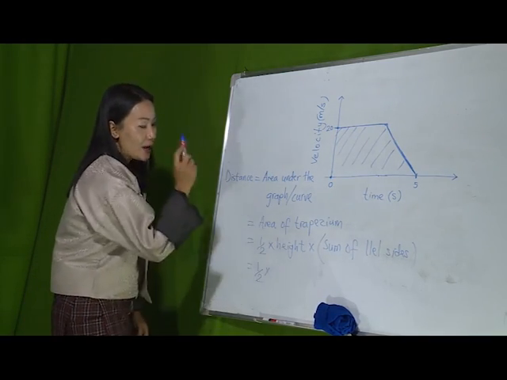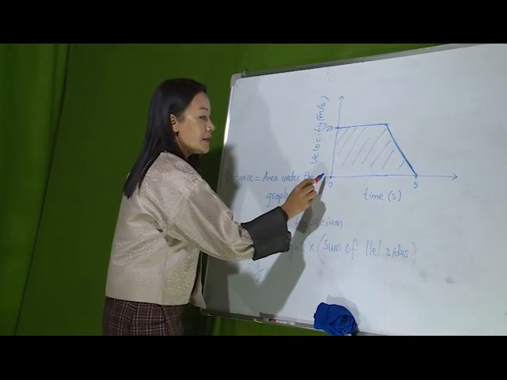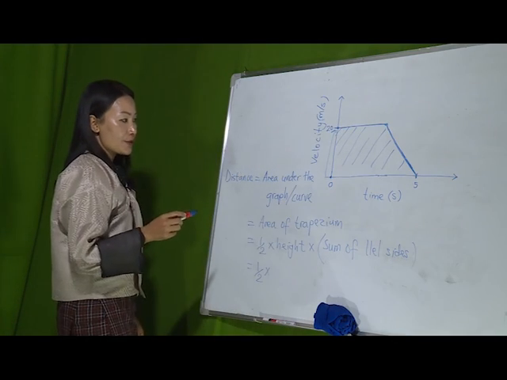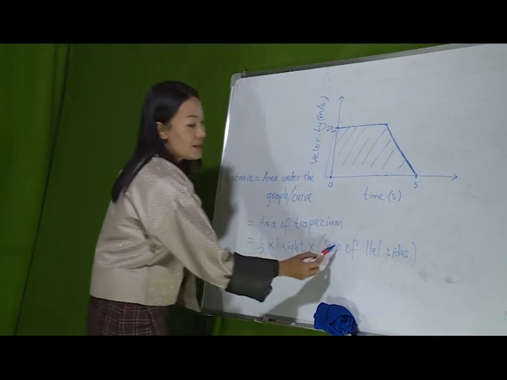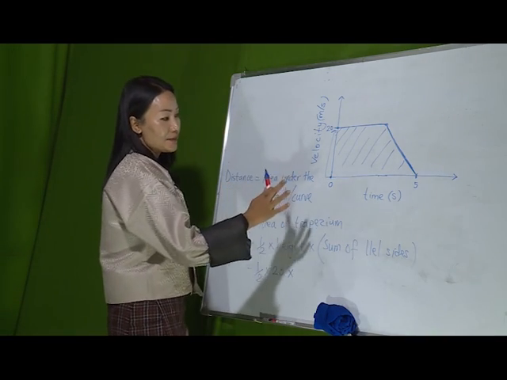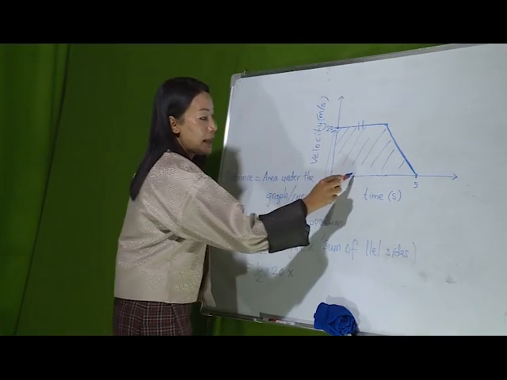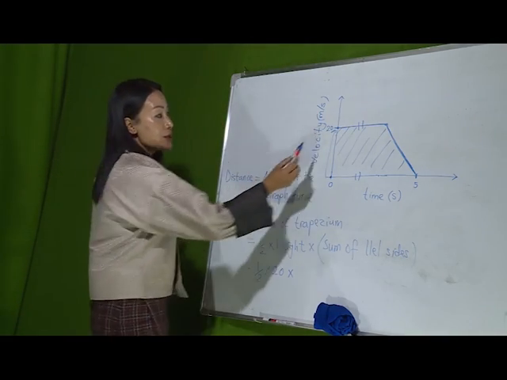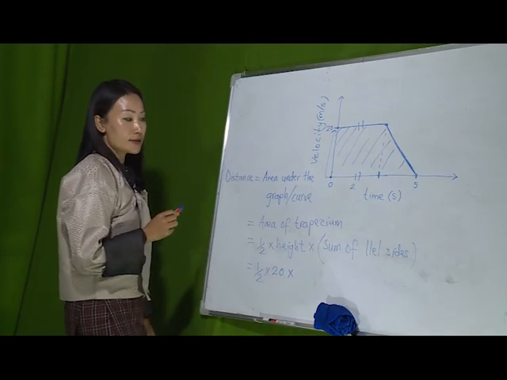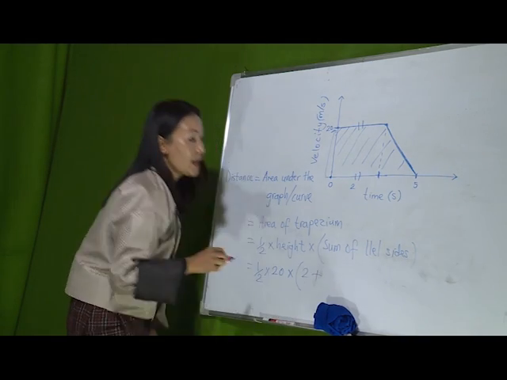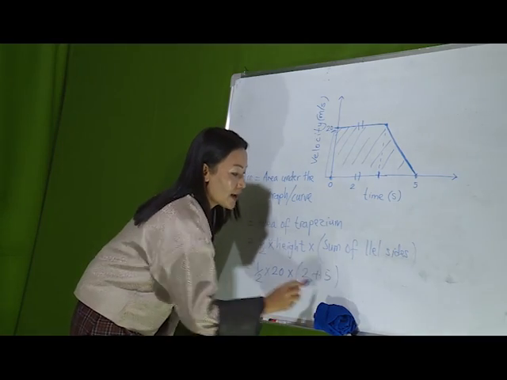Half times, we need to identify the height of the trapezium. If you look at this shape here, this is the height of the trapezium, and the height is equal to 20. Sum of parallel sides means in a trapezium there are two parallel sides. So the parallel sides are this one and this one. From here till here in the graph shows 2 seconds. So 2 plus, then for this side from this point to this point is 5 seconds.